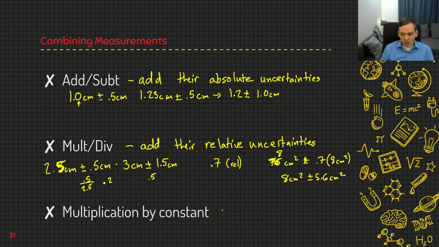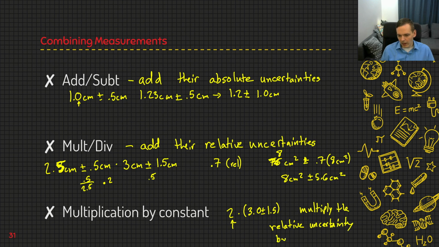If you multiply by a constant, so say 2 times 3.0 plus or minus 1.5, that's an example of multiplying by a constant. So this is a constant. Then multiply the relative uncertainty by the constant.